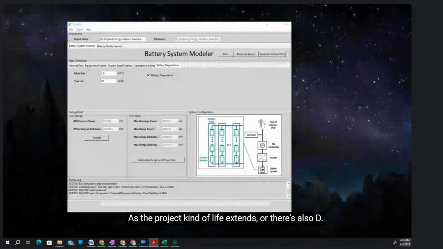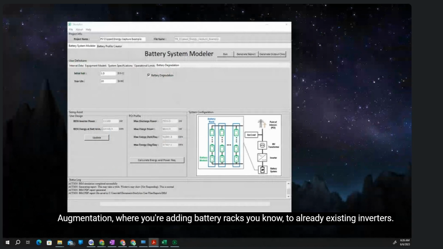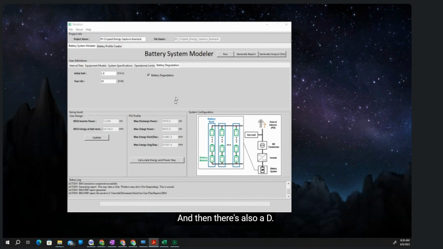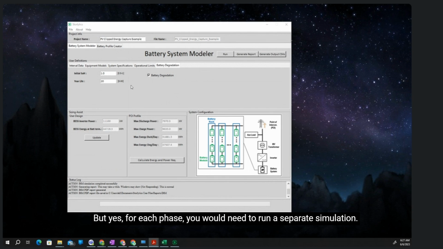Or there's DC augmentation, where you're adding battery racks to already existing inverters. And there's also DC augmentation using DC-DC converters, where you're adding the new racks behind new DC-DC converters. So it depends on which strategy you have, and based on that you structure the simulation. But yes, for each phase you would need to run a separate simulation.